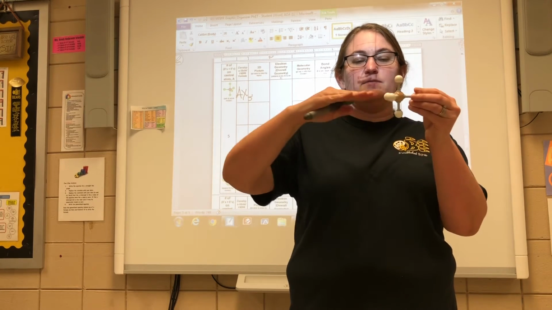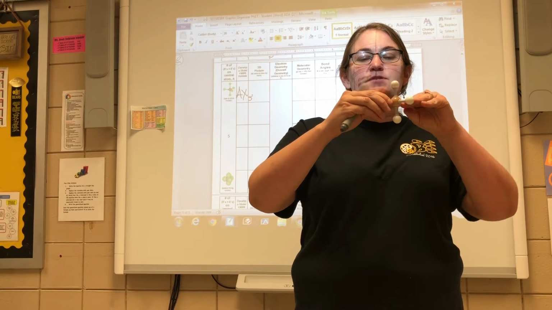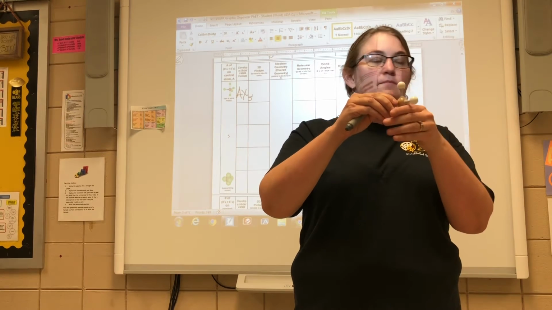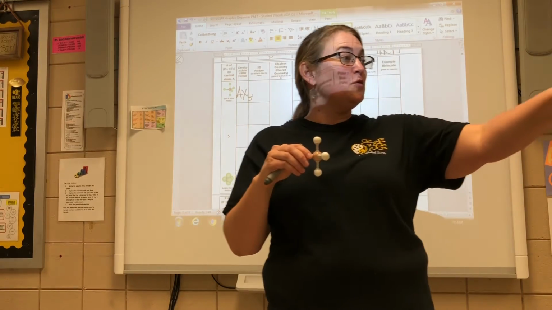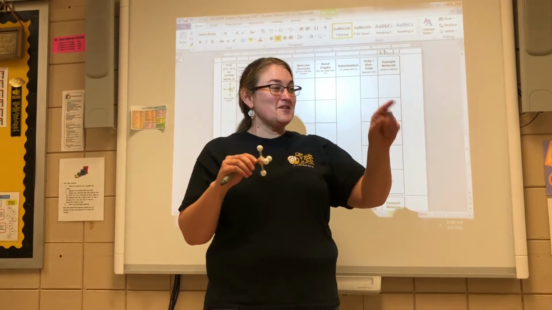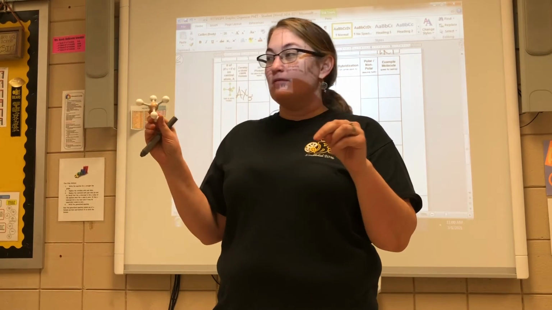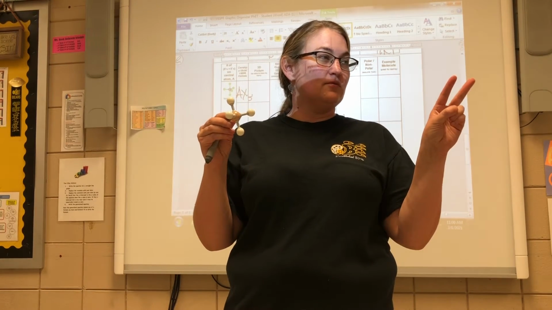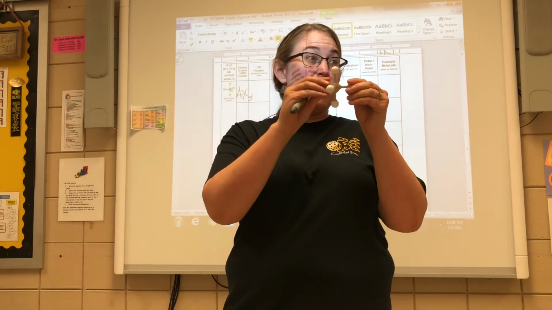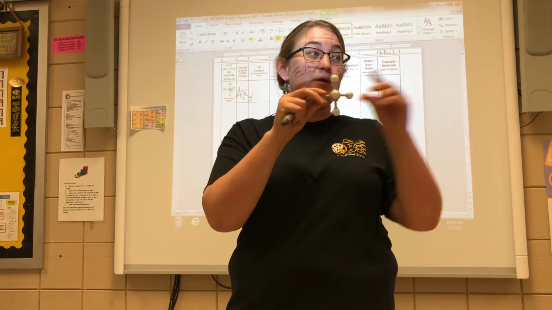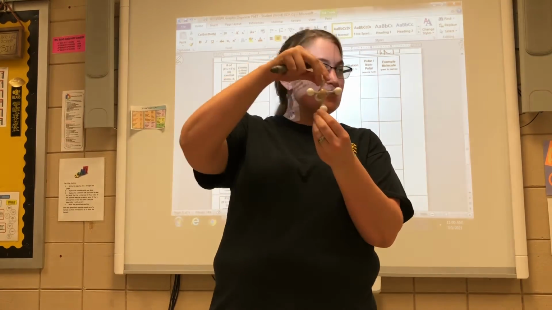What if I could split it right here in a plane, and so I'd have just this top and this bottom? 2 pyramids. And what is the prefix for 2? Di or bi, okay? So it's going to be bipyramidal because it is like 2 pyramids put together.